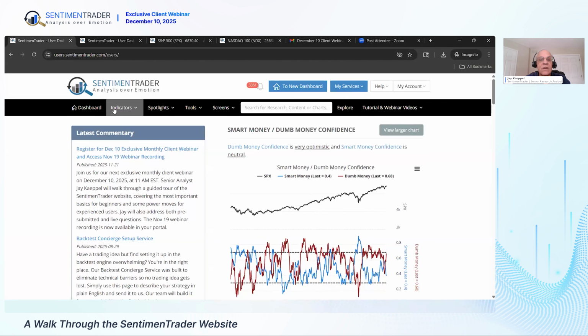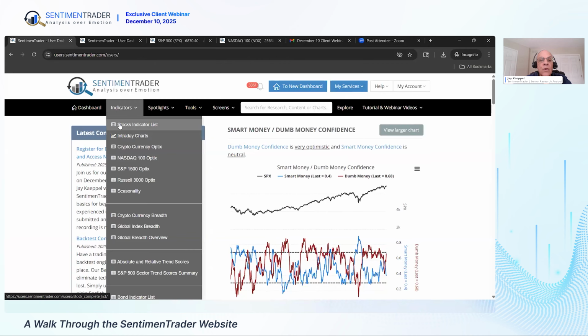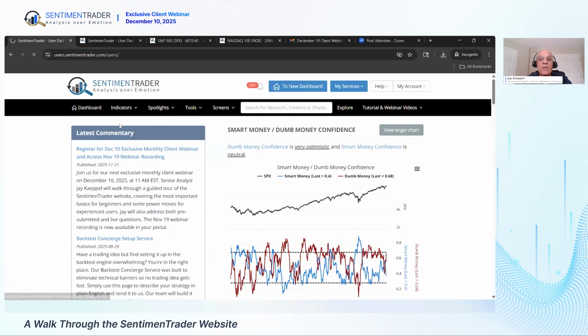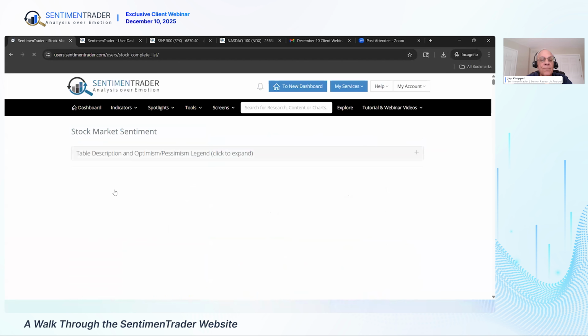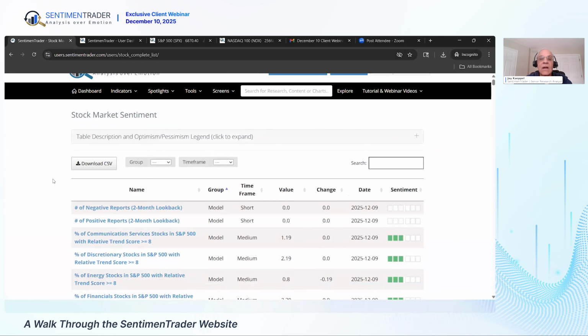So where I want to start today is with the stock indicators list. And we're going to spend some time here. As I said, as I started going through this, I want to make it not only useful in how to examine indicators and trading systems, but also related to today's markets, kind of make it a little bit functional. So the good news is we have a lot of indicators.